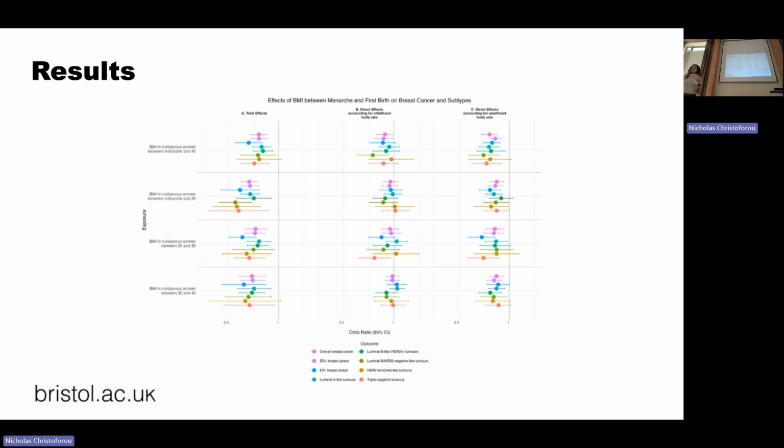So adulthood body size is still not really having an effect on breast cancer. But when we account for childhood body size, we see these effects attenuate. And in the broader age group, they don't completely attenuate. So there's something going on in the early adulthood period as well, indicating a protective effect on breast cancer.